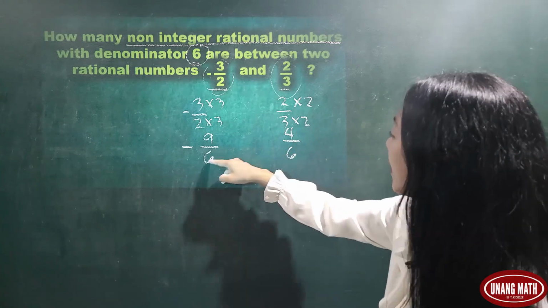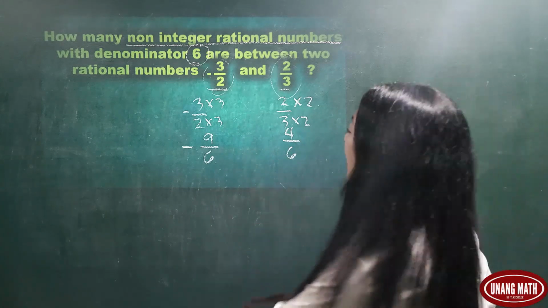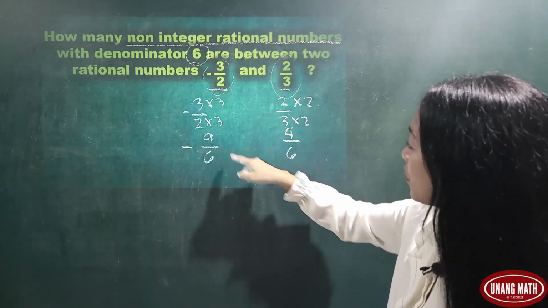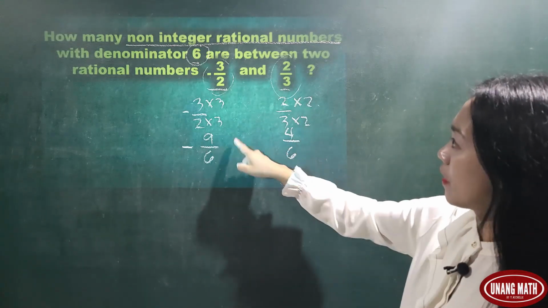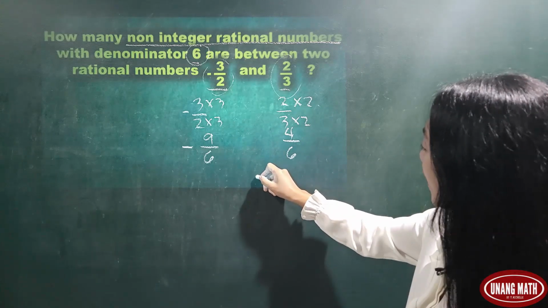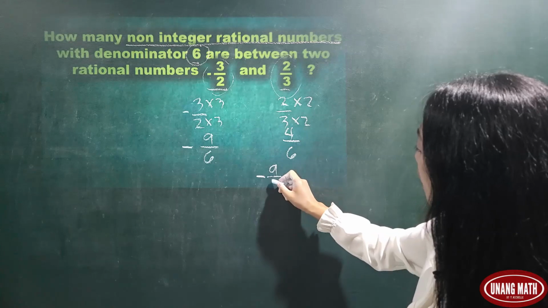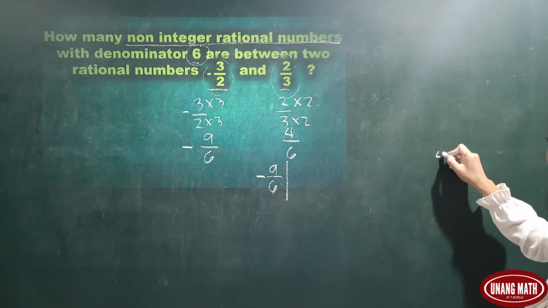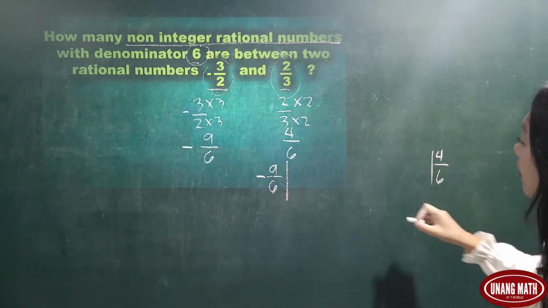Same denominator 6. This time we will find how many irrational numbers are between these two rational numbers. Let's write this way: negative 9 over 6 and positive 4 over 6.